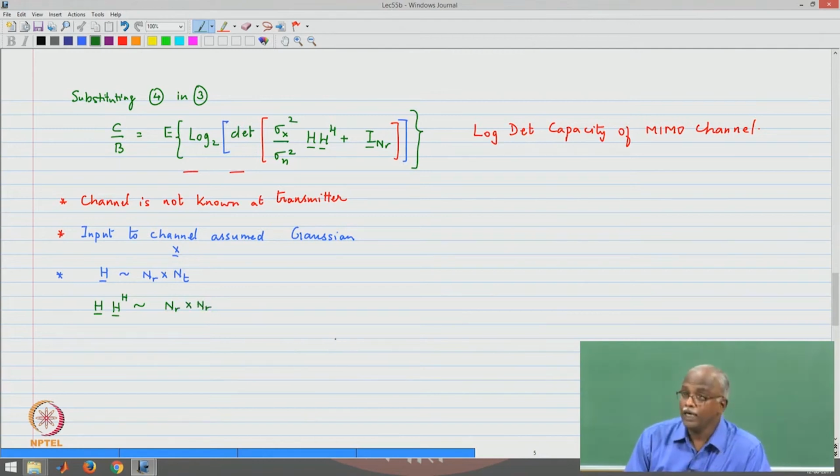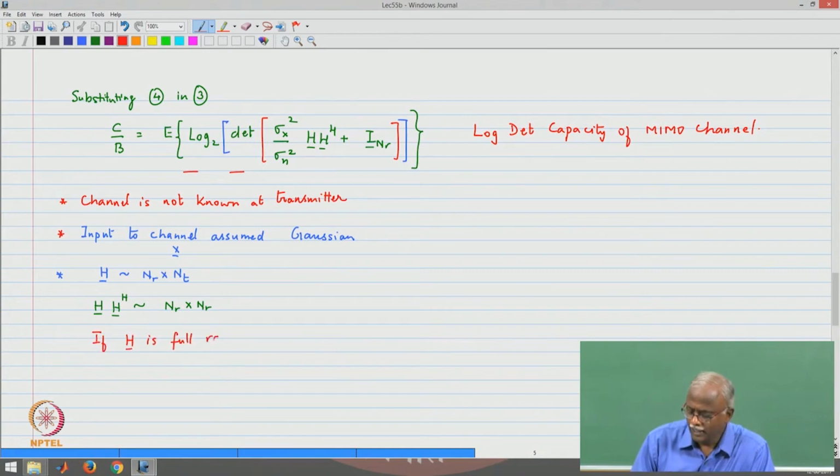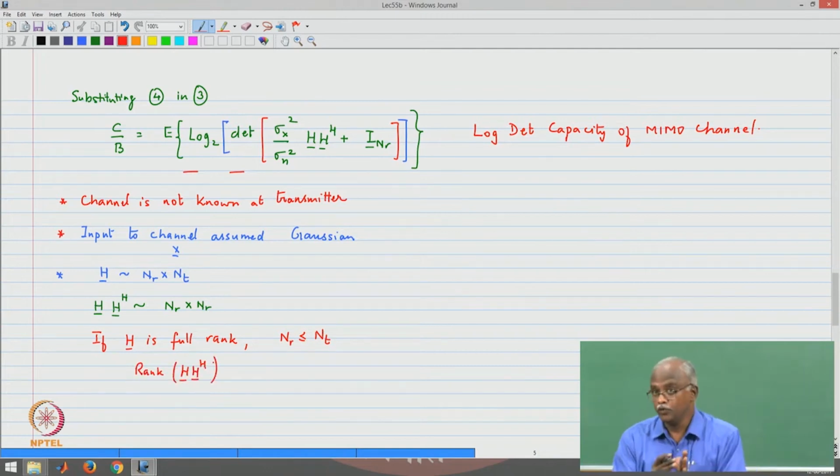Okay. Now, if H is full rank and we have NR less than or equal to NT, then the rank of H Hermitian, its full rank, will also be NR.